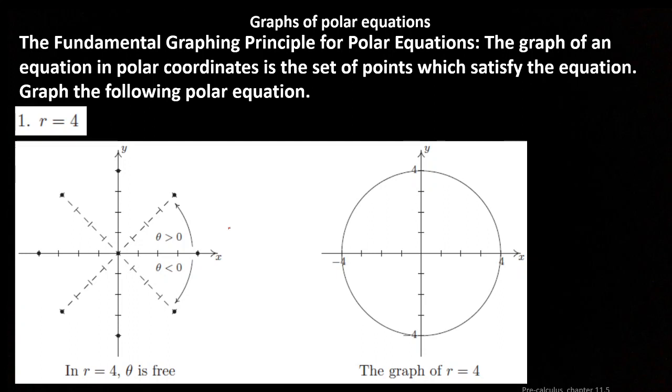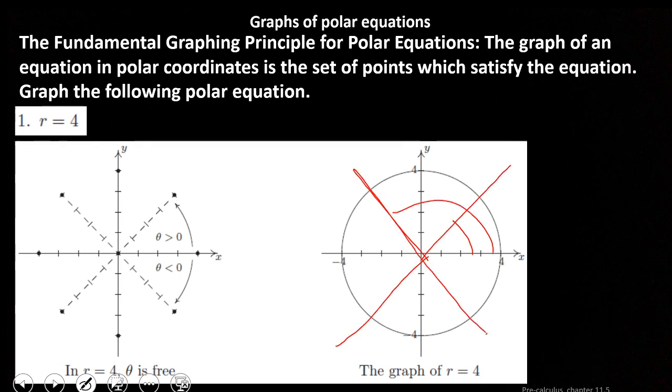Because you see, theta is free to be any value. You could go here, this is your theta, or theta could be here, or theta could be whatever, it doesn't matter. But no matter where your terminal side is, your r is always 4. So you always have to count 4 to get to here, always have to count 4 to get to here, and so forth. So no matter what angle you make, r is always 4. So you basically get a bunch of points on a circle.